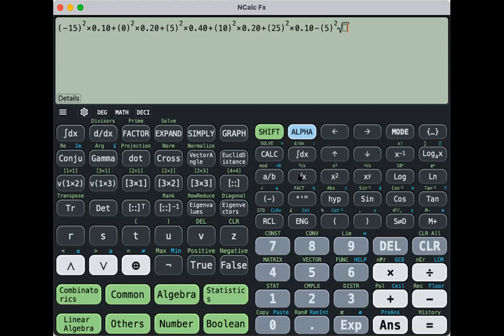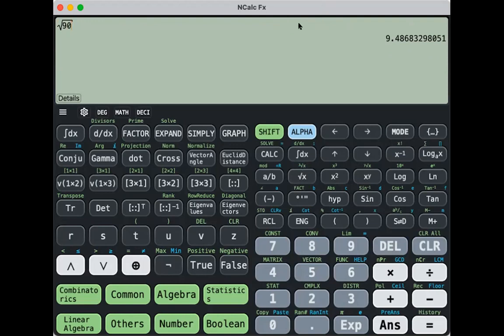So this is the variance. And then we can clear, then we can say square root of that variance of 90, and then we get our standard deviation, which is 9.4886, which is 9.5.